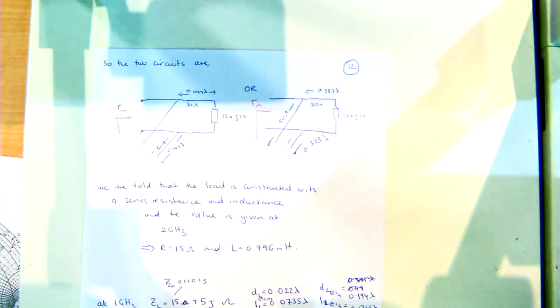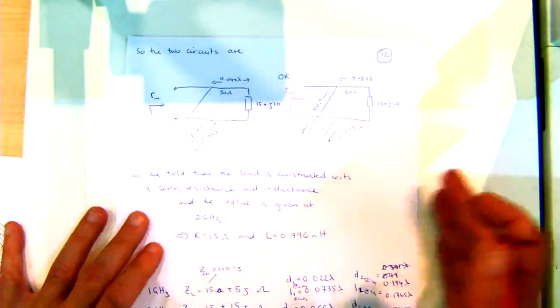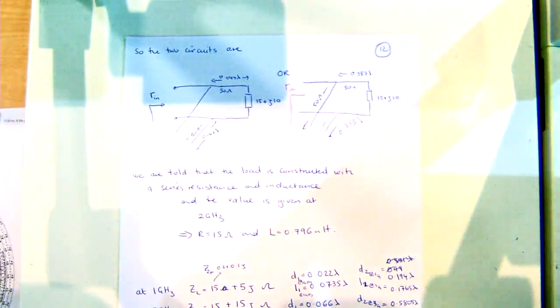Now, for argument's sake, let's say that I asked you to design this circuit for 2 gigahertz, right? What do you need to do now? Do I interchange anything, or what do I need to do to make it matched for 2 gigahertz?